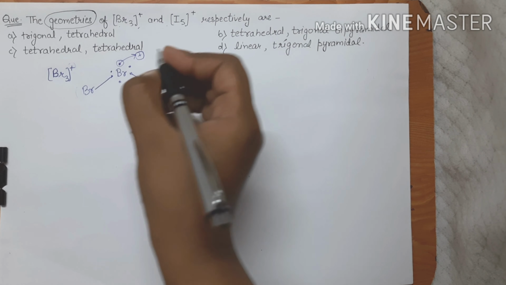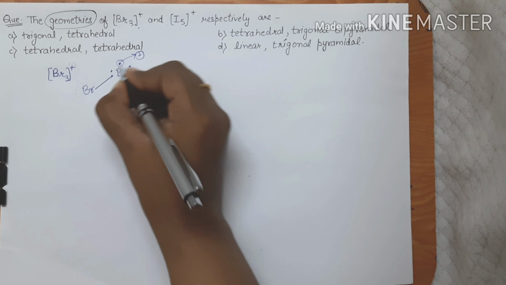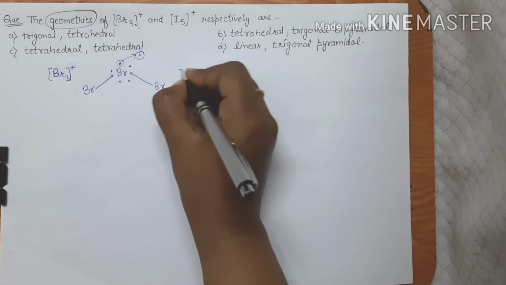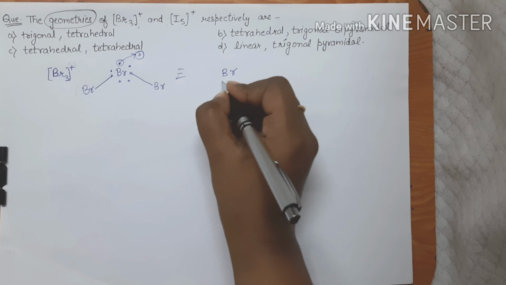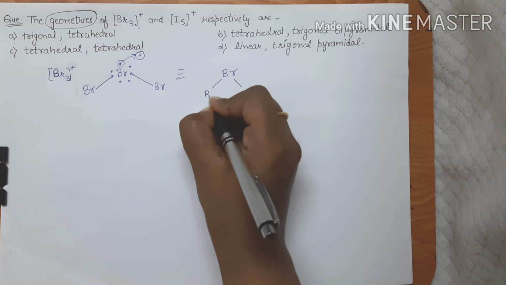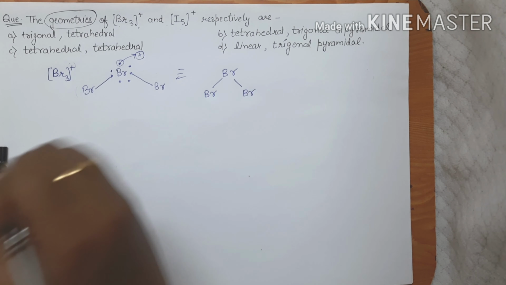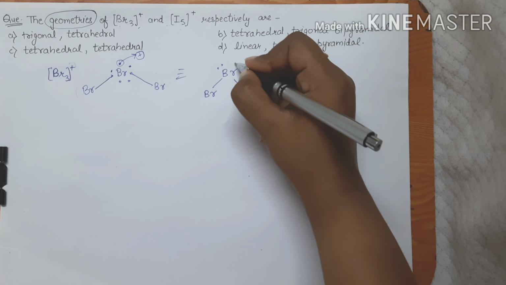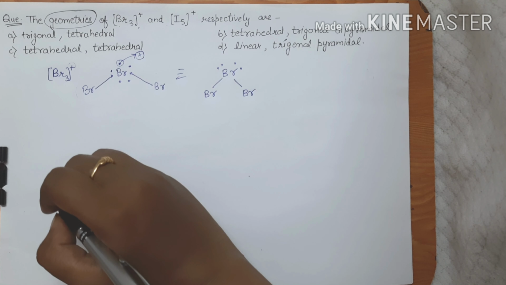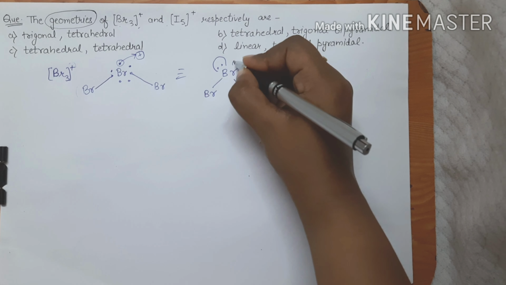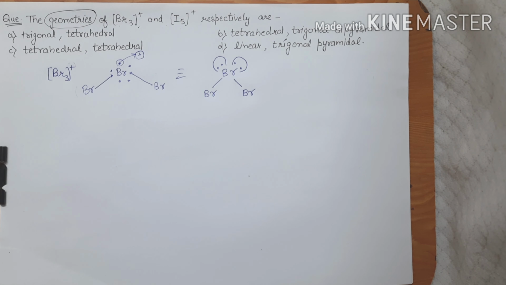Basically here we have 1 2 3 and 4 electrons. If I draw it again, Br is bonded with 2 more Br atoms and it is having 4 electrons like this, present in the form of 2 lone pairs, right?